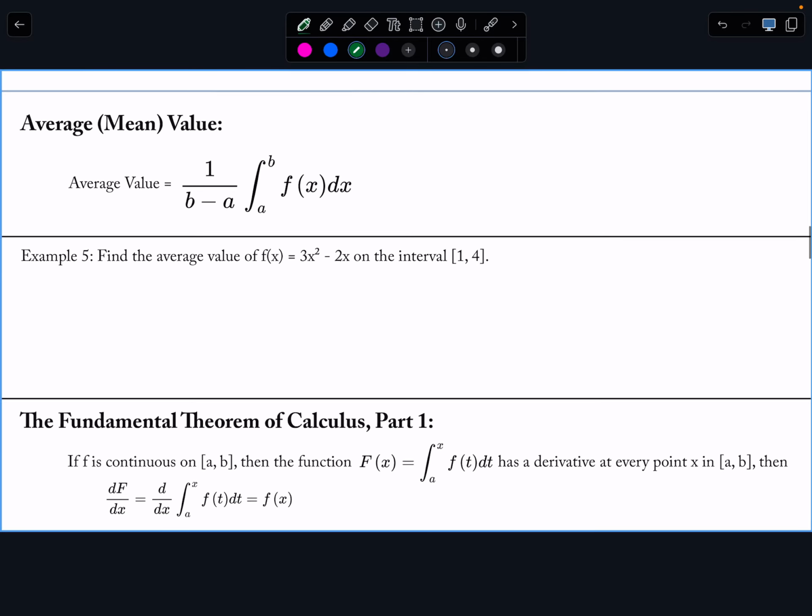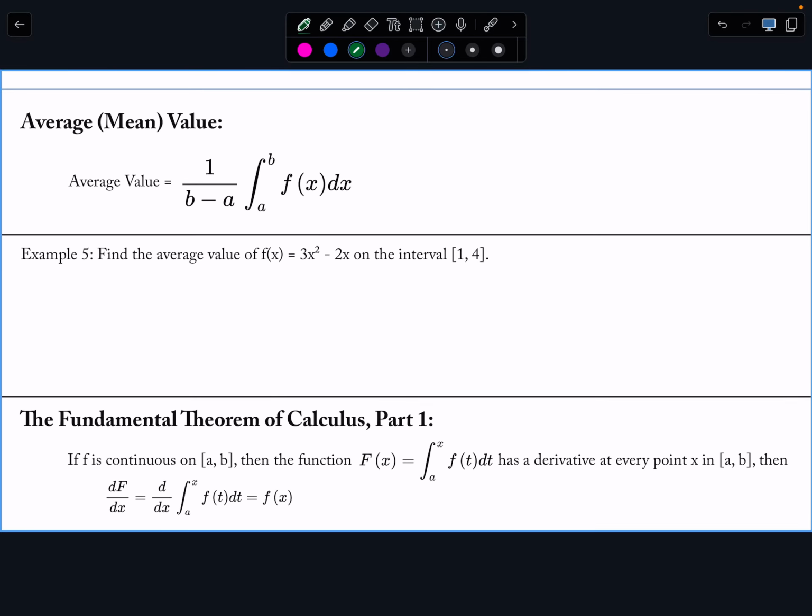So the only difference is that I'm taking the antiderivative and multiplying it by 1 over b minus a. So in this case, my a is 1, my b is 4. So if I want to find the average value, I have 1 over 4 minus 1, integral from 1 to 4, of 3x squared minus 2x dx.